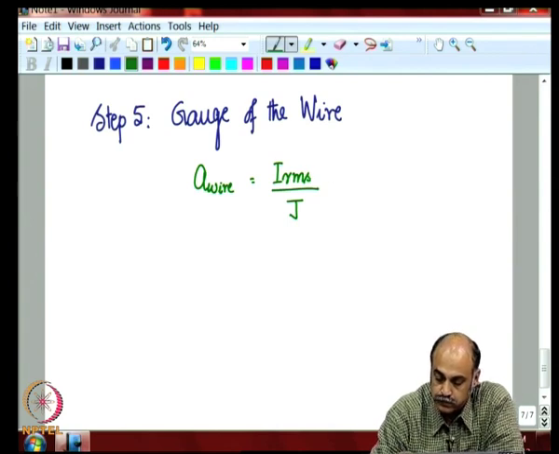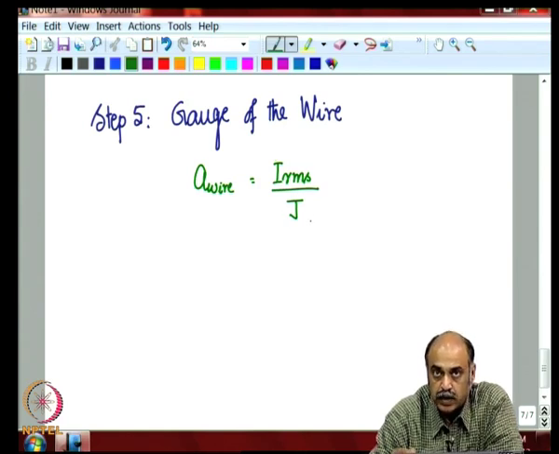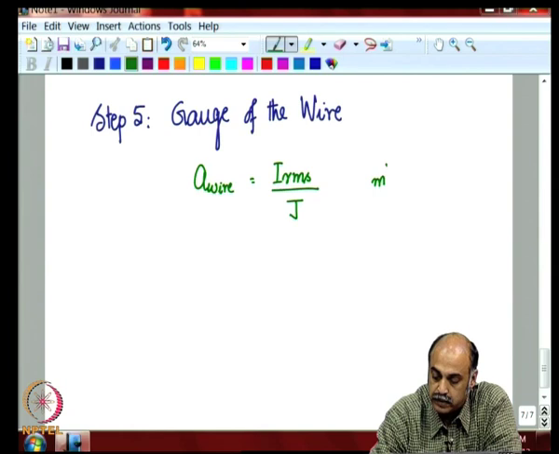So, you have the RMS current in amps divided by the current density in amps per meter square, how much you want to permit, and you get the wire cross section area in meter square.